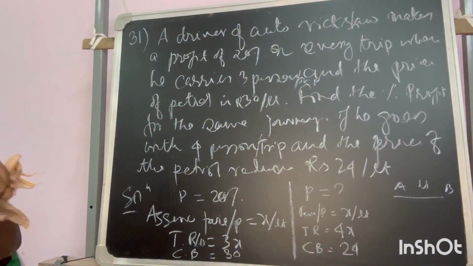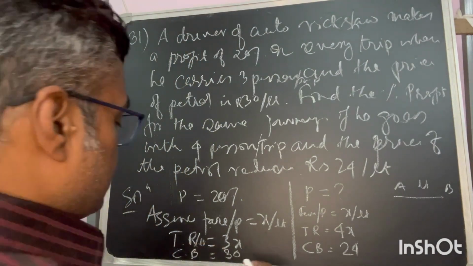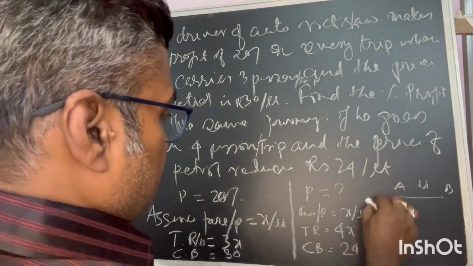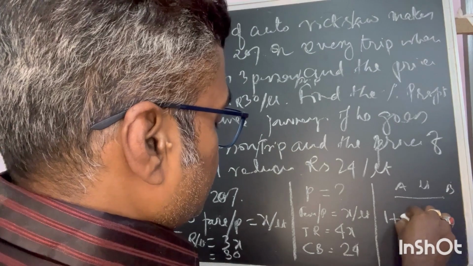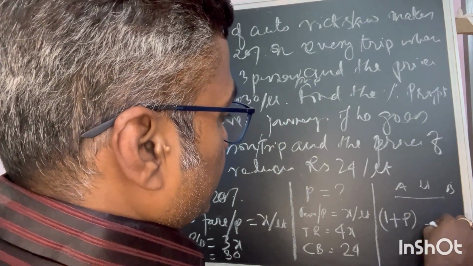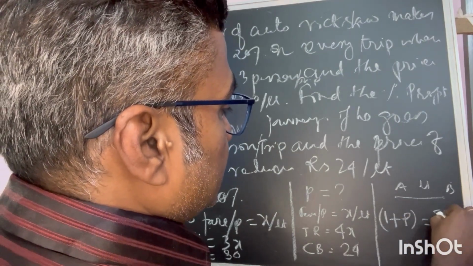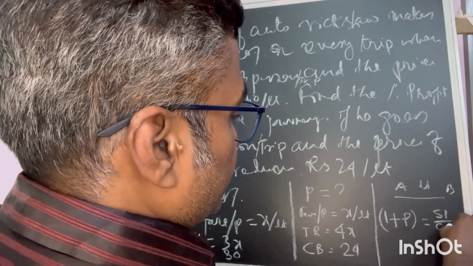Now from the first case, 1 plus profit is equal to selling price by cost price.